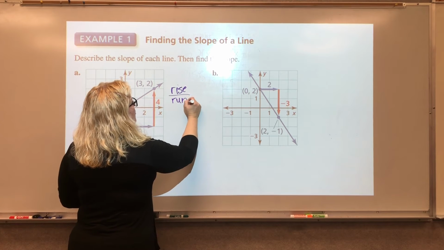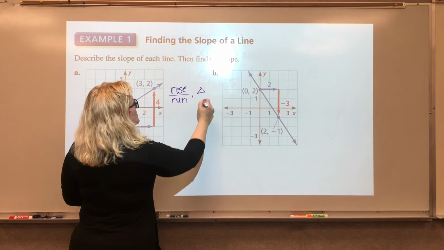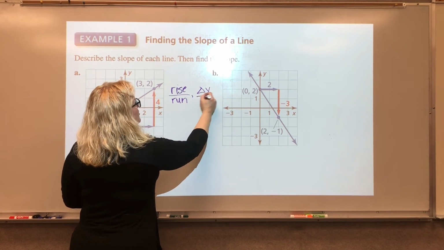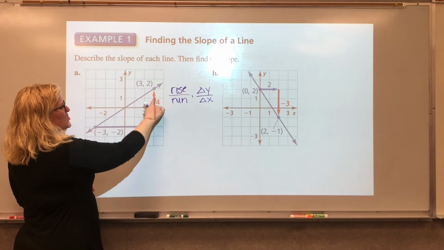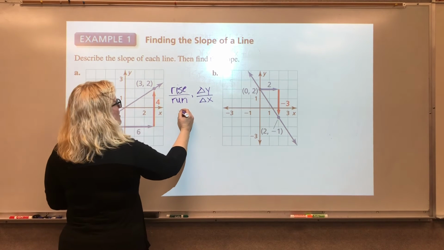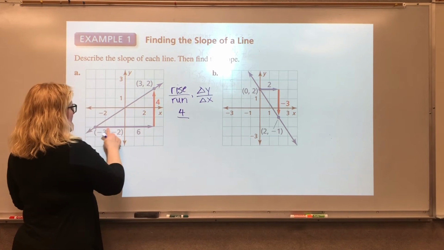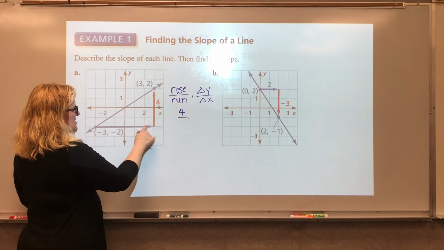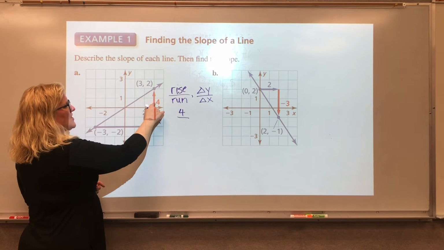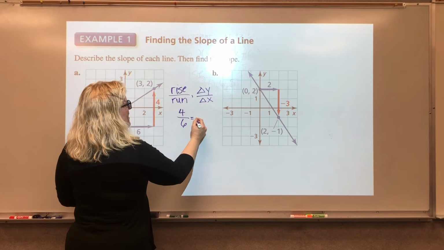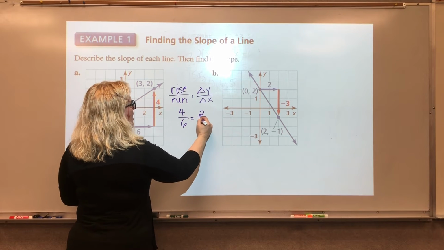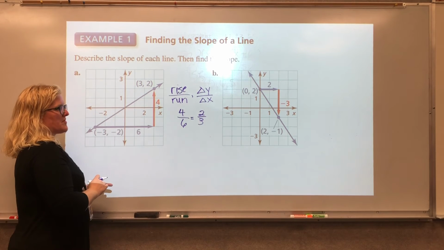Or, the delta means change, so the change in y over the change in x. My change in y is 4, and my change in x is 6. When I say change, I'm counting how many units there are, and there are 6 right here. And when I reduce that, I have 2/3.